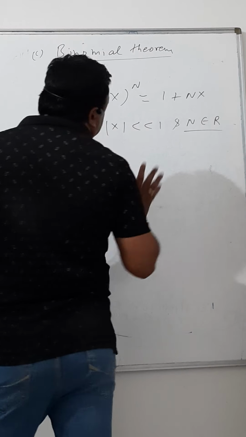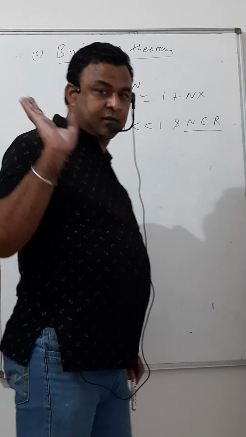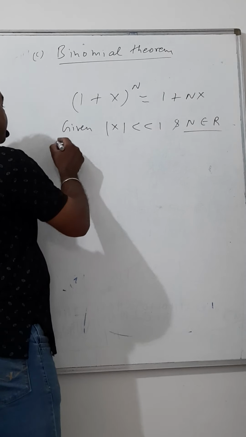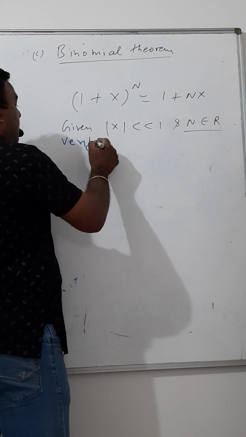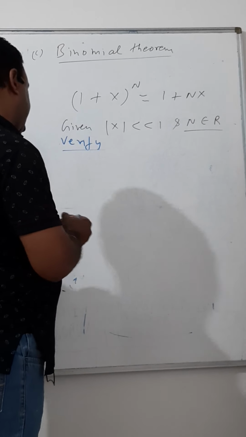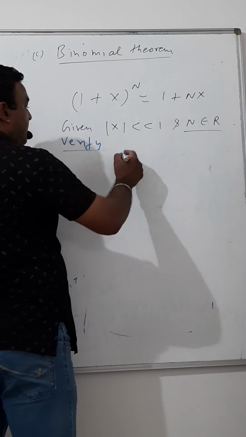I won't prove it because it's not part of physics. In mathematics it needs to be proved. I will just verify it. Is it true or not? How to verify? I take an example.